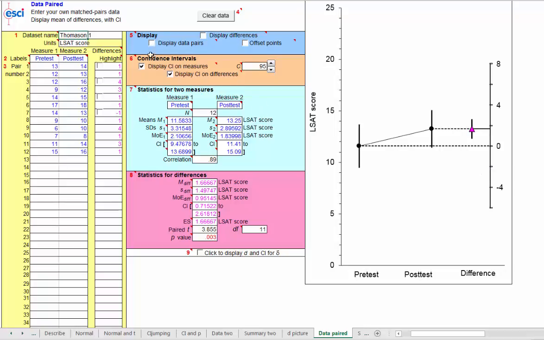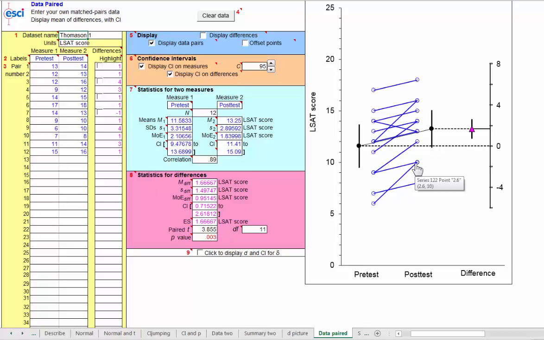If I click on Display Data Pairs here, I can see the raw data for all 12 participants, and they're linked by lines, as they have to be because they're actually paired. And the differences, I click here and I have differences. Well, there must be some overlaid ones there. Let me offset them. There we go.